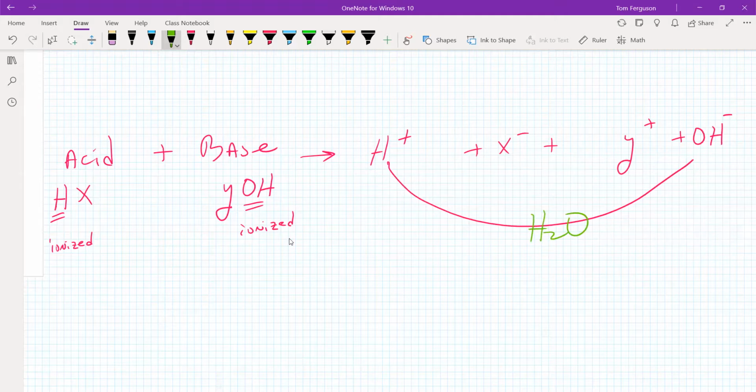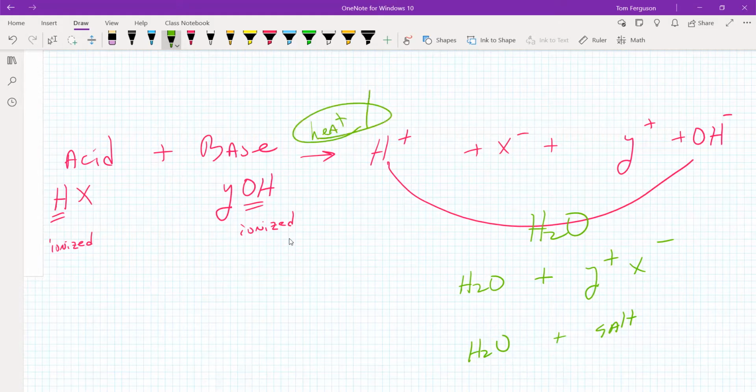So we're left with water plus what's left over, the Y and the X. And this is called salt. So whenever we ionize an acid and a base, we get water plus a salt, which is a cation and an anion left over from the acid and the base. And this usually has lots of heat generated.